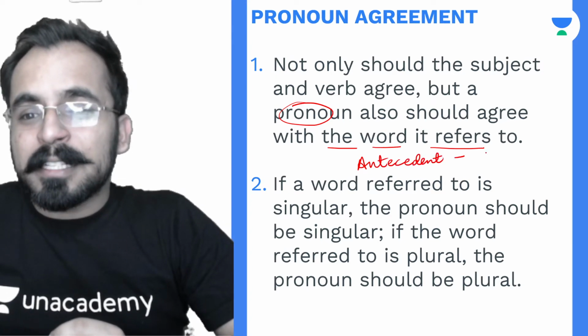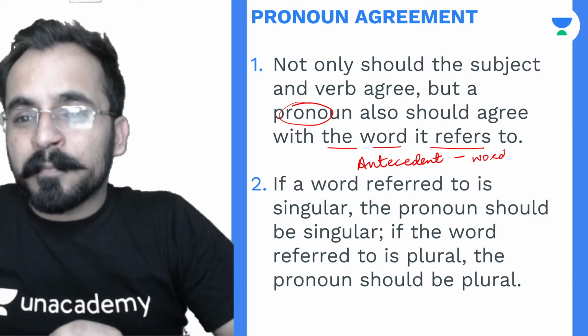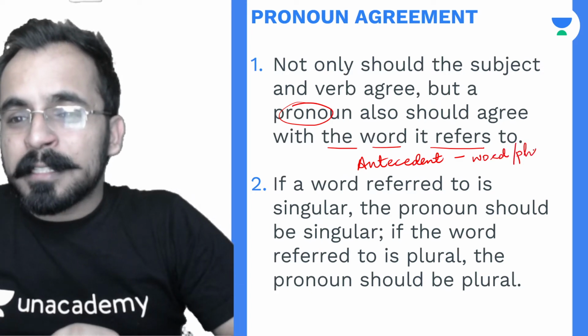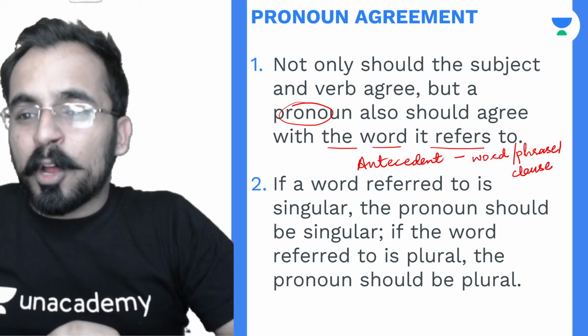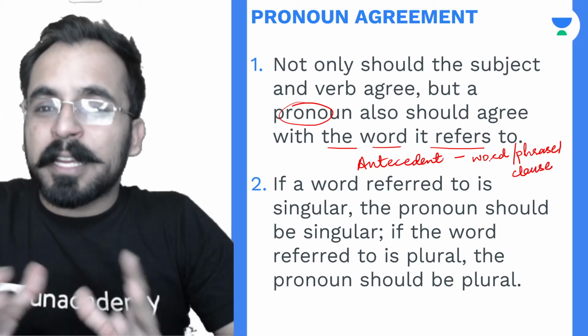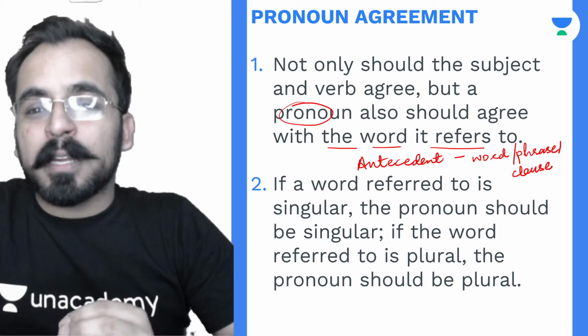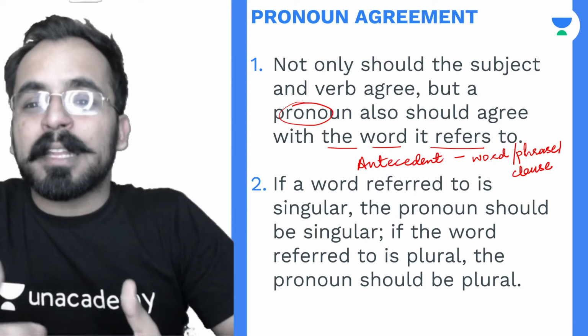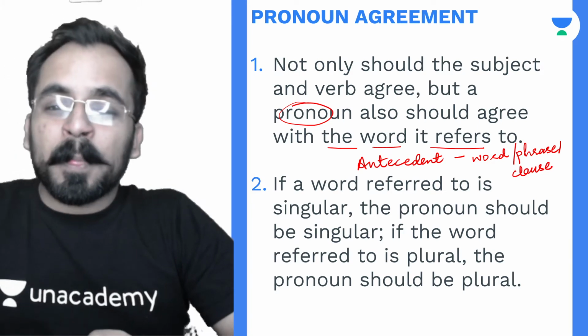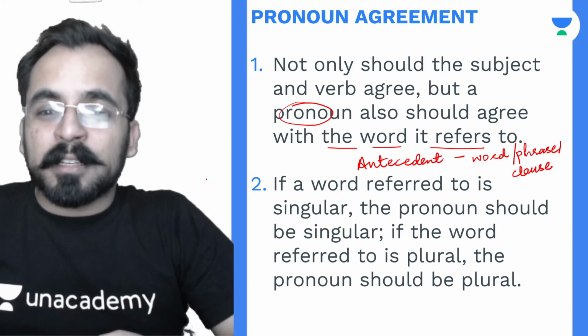Now your antecedent can be a word, it can be a phrase, and it can be a clause as well. So not only should the subject and the verb agree, but also the pronoun and the antecedent, or you can call it the word that the pronoun refers to. So they should agree with each other.